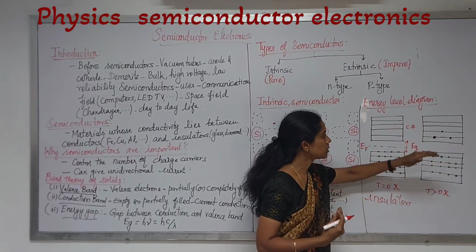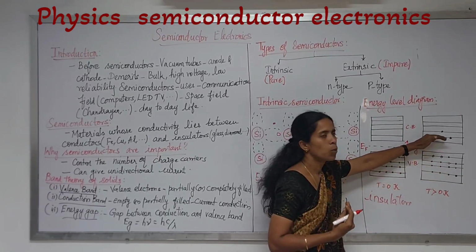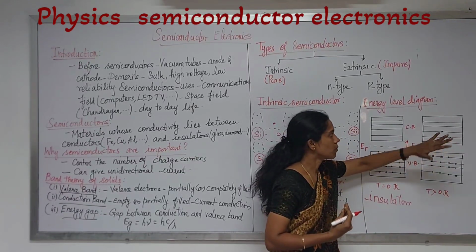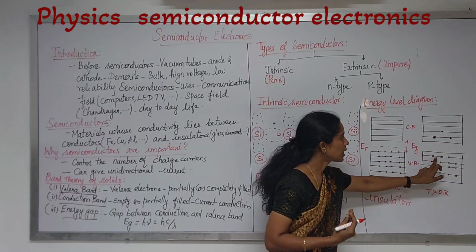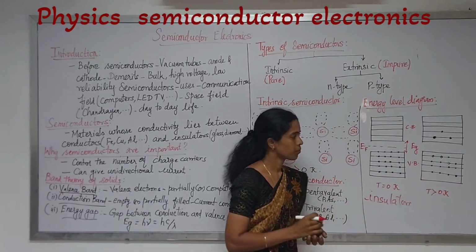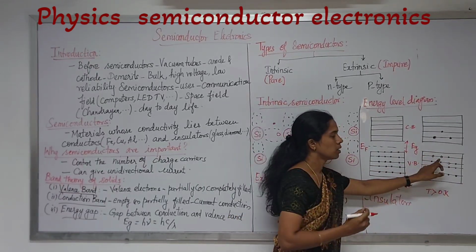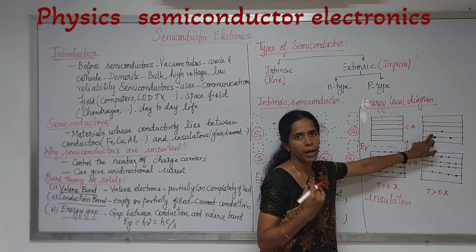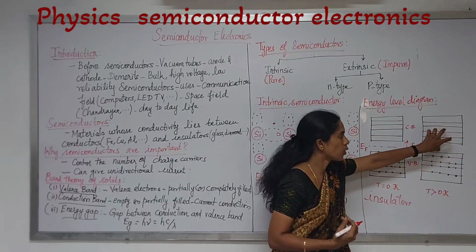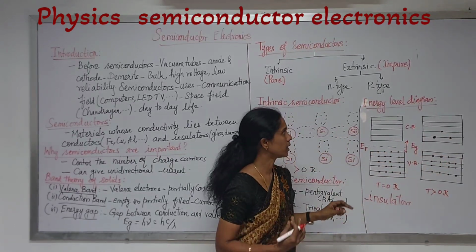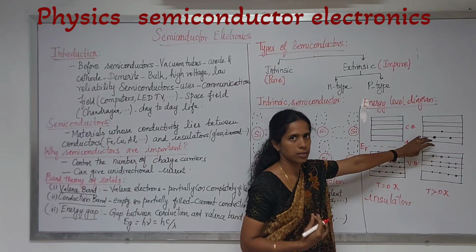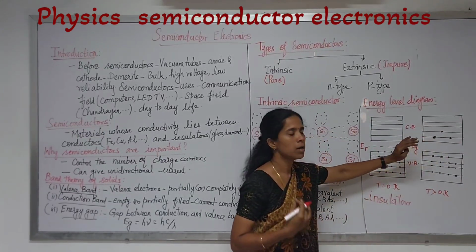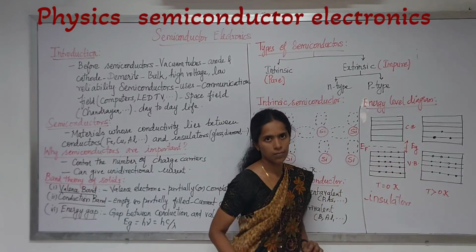These electrons move to the lowest level of the conduction band and thereby create holes. Holes are the positive charge carriers, and these electrons are called conduction band electrons. Only these electrons promote current conduction in semiconductors. The more electrons in the conduction band, the more conductivity.